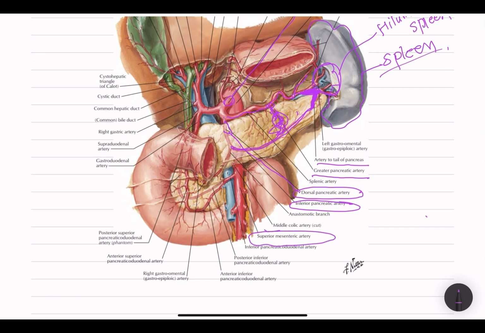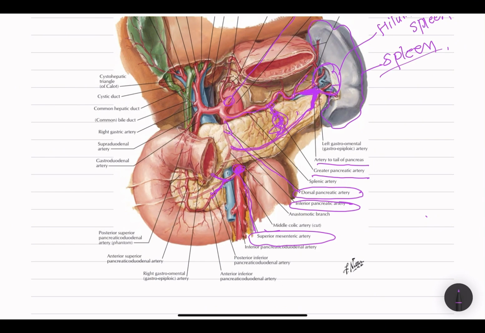It supplies the anterior and posterior part of the head of the pancreas. This is our superior mesenteric artery, which lies below the pancreas, and it gives anterior and posterior branches which supply the head of the pancreas.